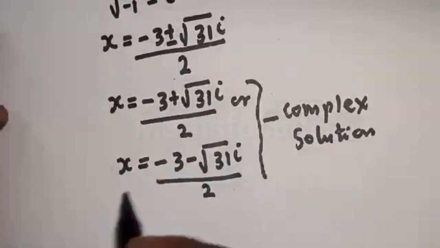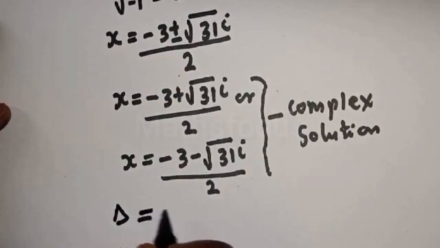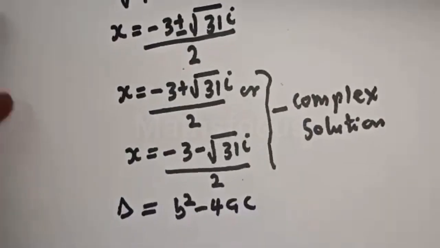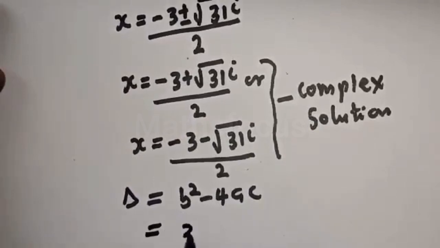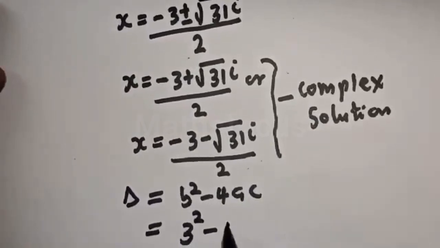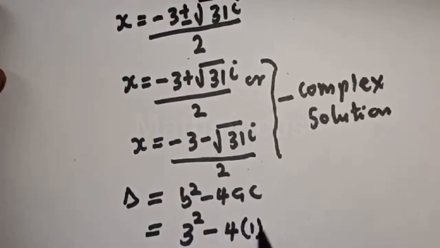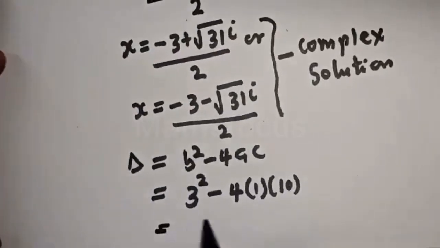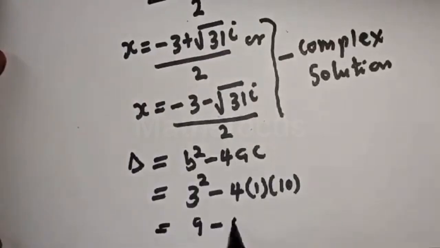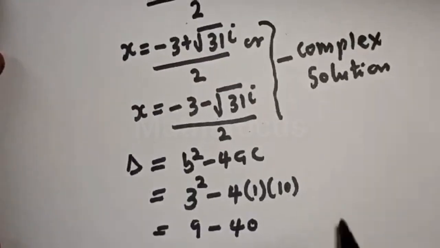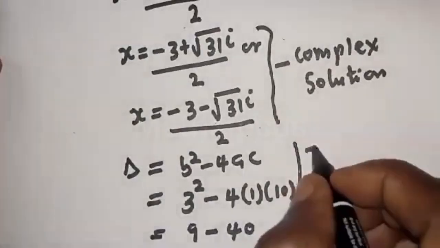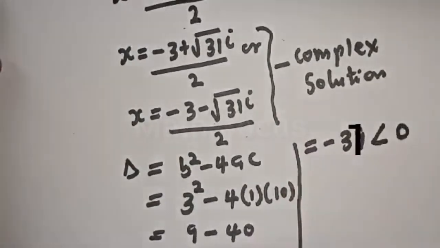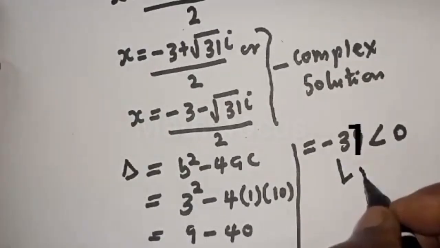We can also confirm this using the discriminant, which is equal to b squared minus 4ac, where b is 3 squared minus 4 multiplied by 1 multiplied by 10. Then this is equal to 9 minus 40. This is equal to minus 31, which is less than 0. So this is rejected.